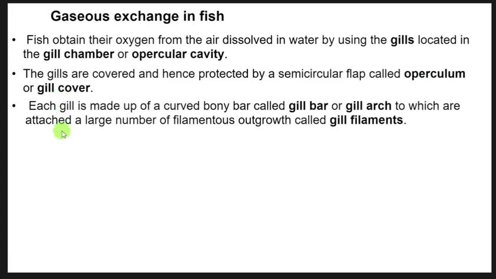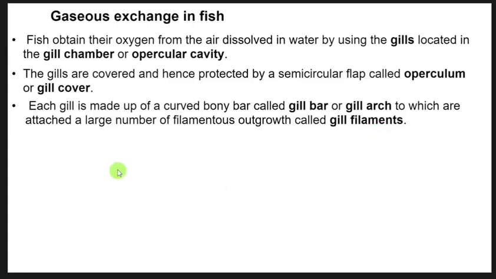So each gill is made up of a curved bone bar called the gill bar or gill arch, to which are attached a large number of filamentous outgrowths called gill filaments.